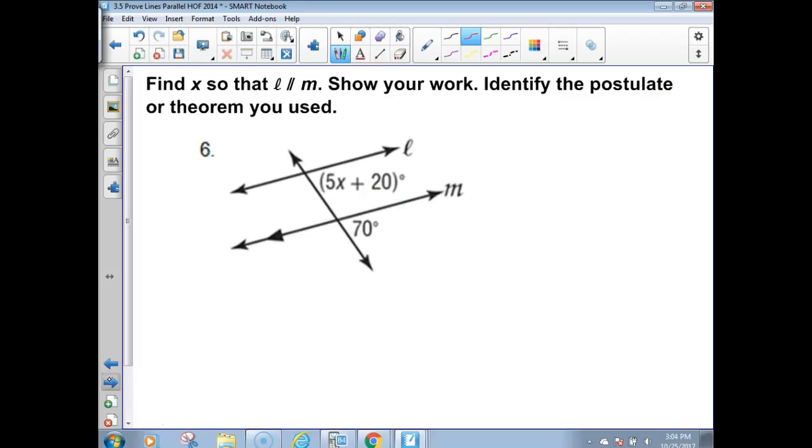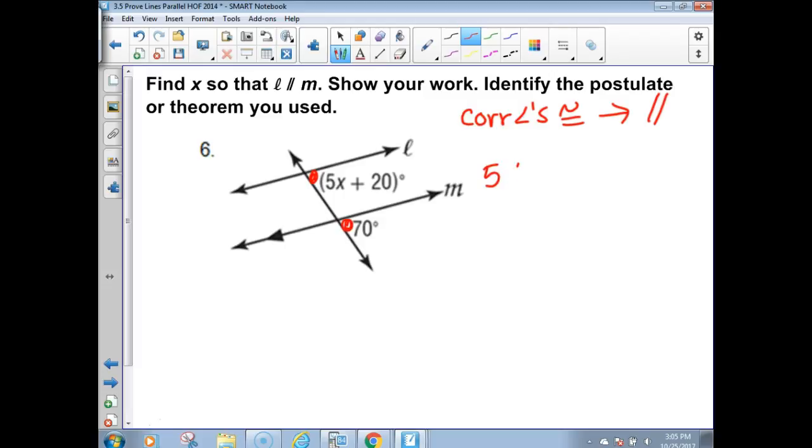Okay, moving to the next one. On number 6, for L and M to be parallel, these angles, which are in the same position, are corresponding angles. If they are congruent, then we've got parallel lines. They're in the same position. That's why I knew to write corresponding.